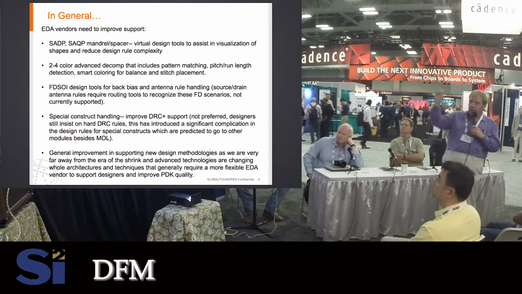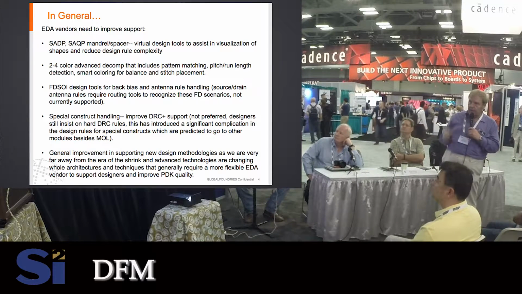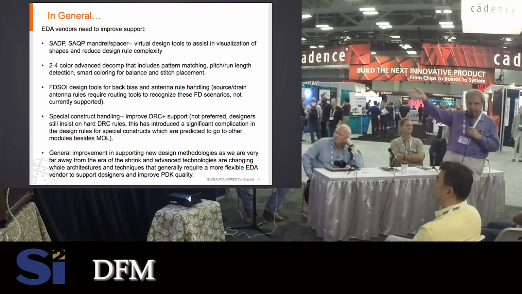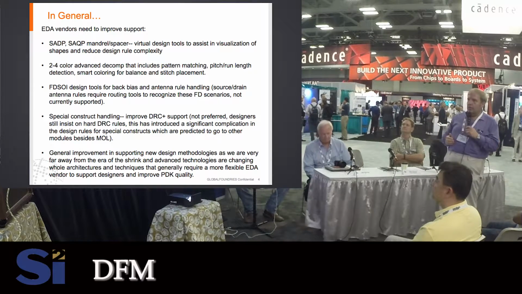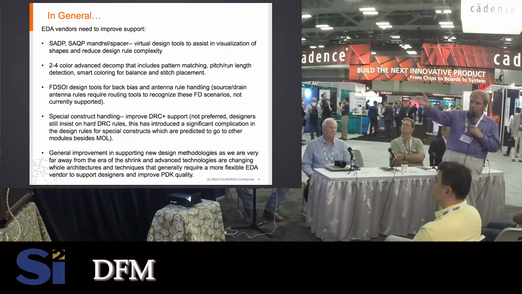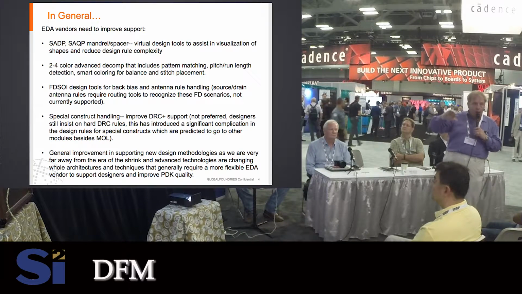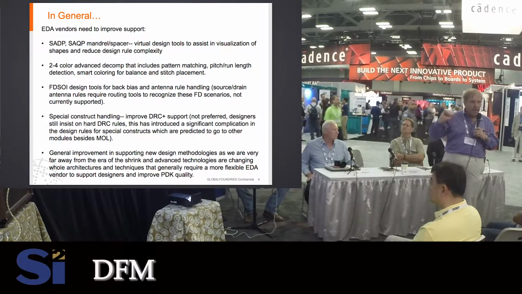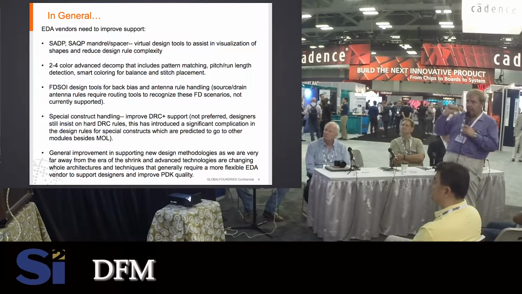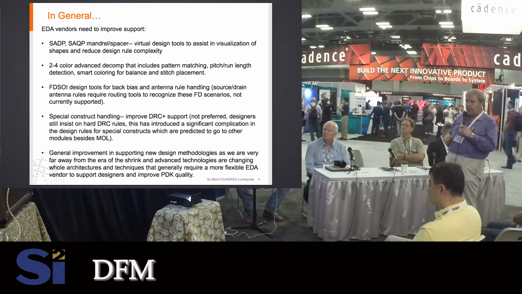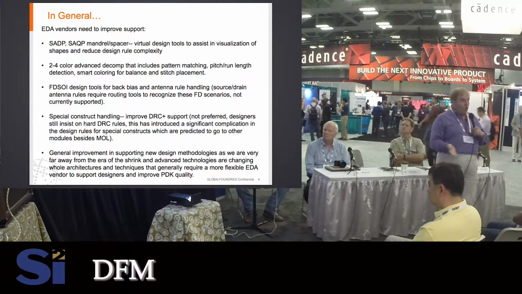Like I was saying, there are coloring issues with self-aligned double pattern, self-aligned quad pattern, self-aligned triple pattern between them. There are issues with routing of other signals that you normally wouldn't have, for instance in FDSOI with back biasing and stuff like that. You need to deal with issues like that. Special constructs.